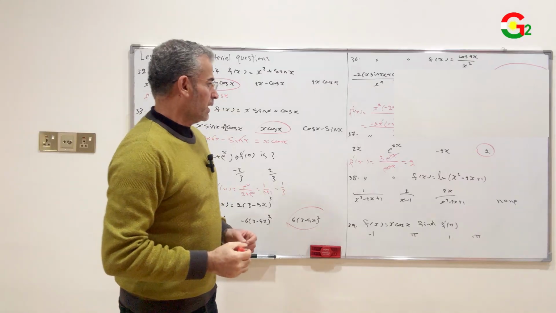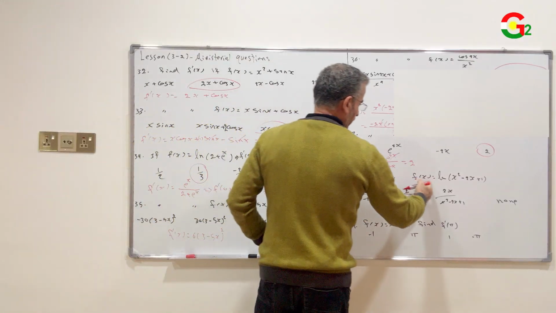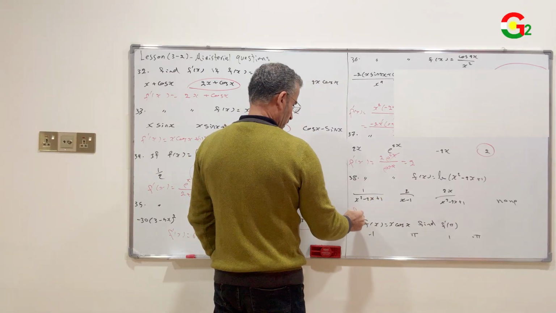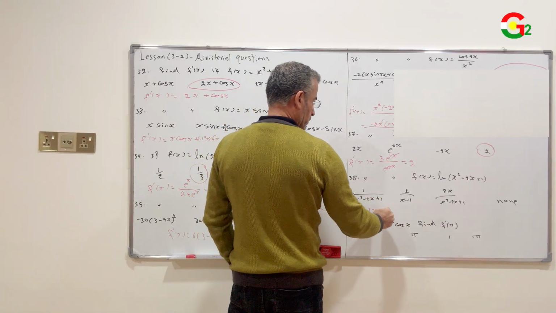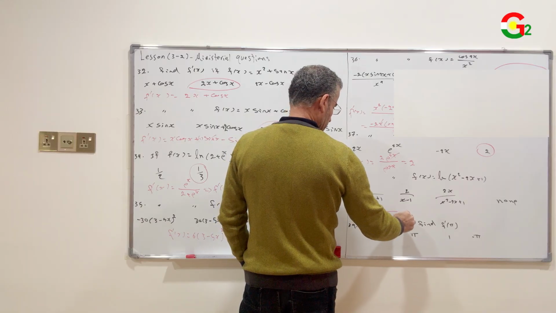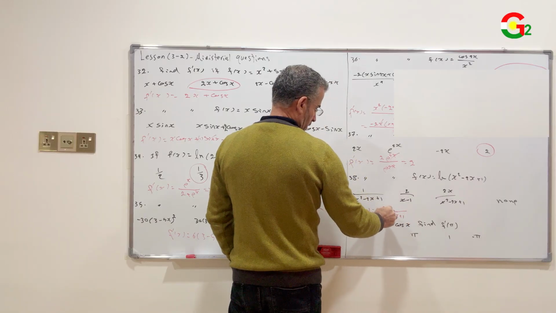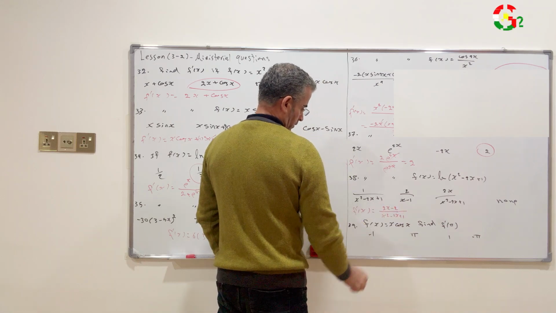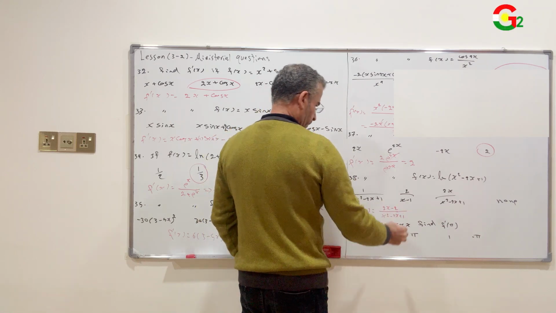Question number 38. Derivative of ln of x squared minus 2x plus 1. f prime of x equals x power 2 minus 2x plus 1 in the denominator and its derivative in the numerator, 2x minus 2.